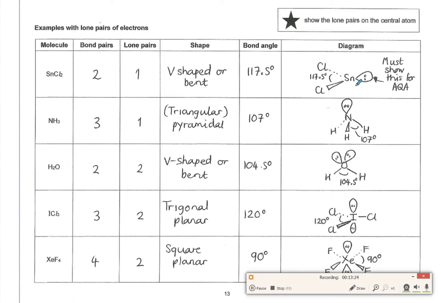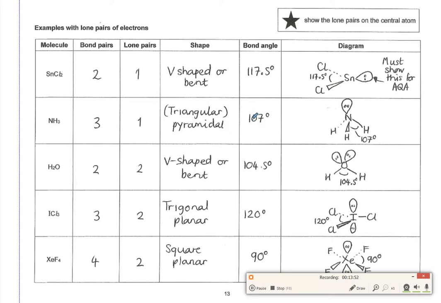Because if all those 3 pairs of electrons were bonding pairs, then we'd have that trigonal planar shape as seen in the previous part of the table. But because one of those pairs of electrons is a lone pair, that angle between the bonds is decreased by 2.5.